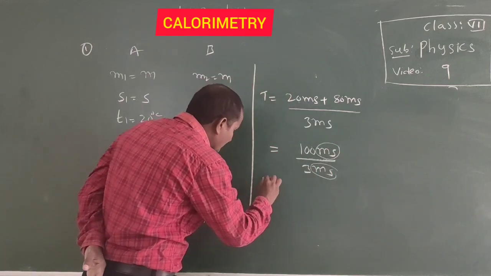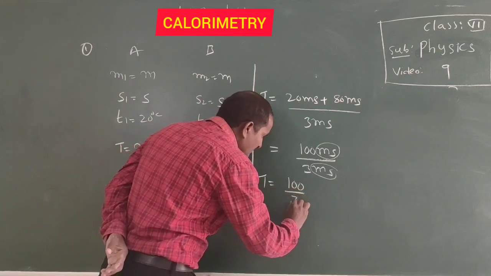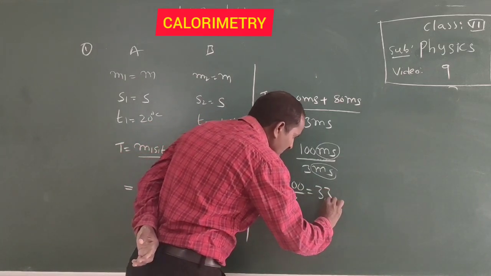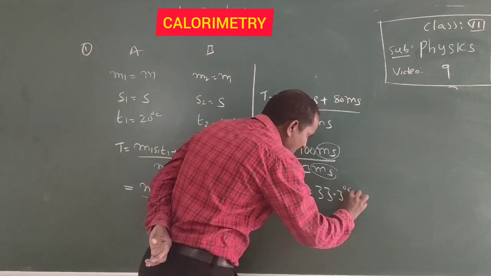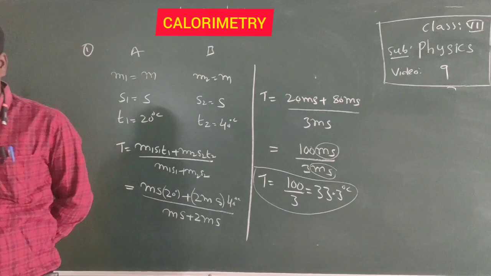The remaining value of temperature of the mixture T equal to 100 by 3, that is equal to 33.3 degrees Celsius. It is the temperature of the mixture.